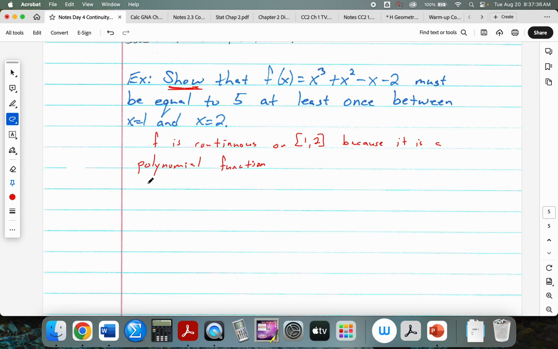All right, f of 1 is negative 1. And f of 2, let's see, that's 8, 12, 10 minus 2 is 8. And negative 1 is less than or equal to 5, which is less than or equal to 8.